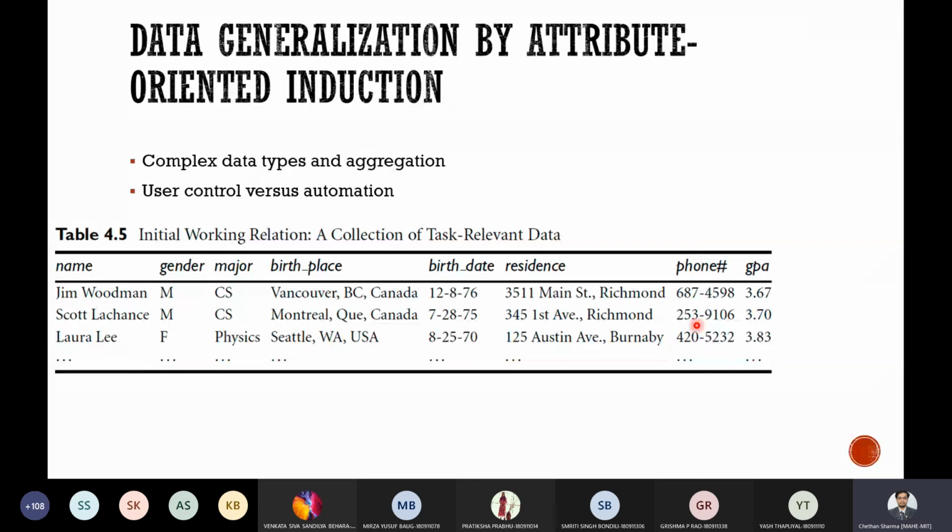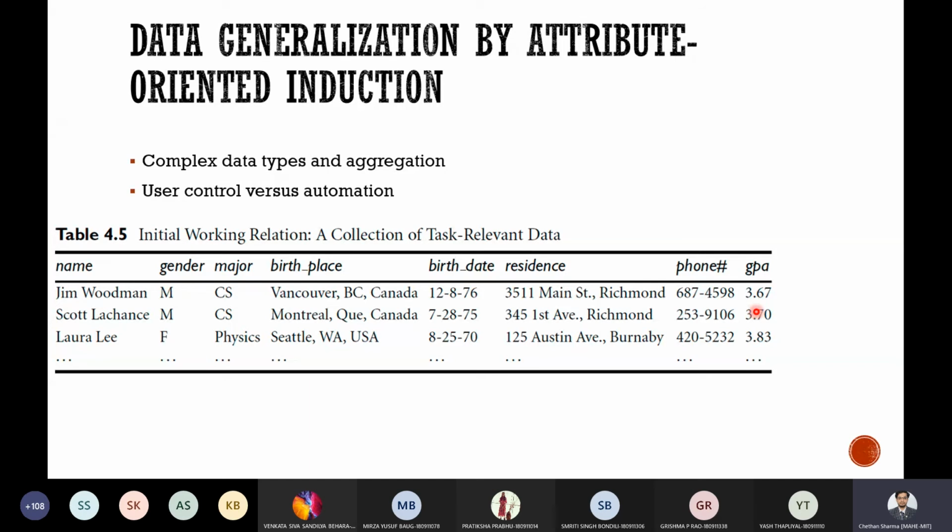Next, finally, is GPA. Again, there can be a concept hierarchy for GPA. You can convert this grade point average to numeric intervals, such as instead of 3.6, 3.5 to 4 or 3.5 to 3.75.